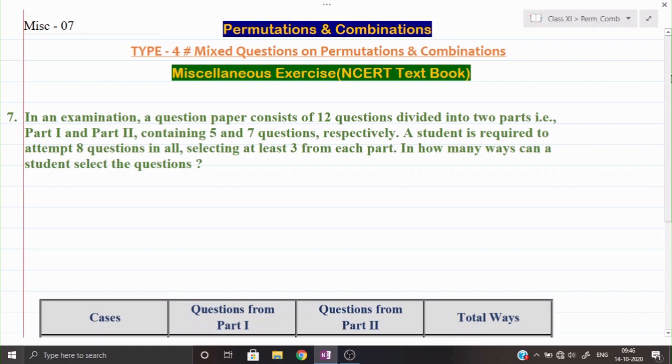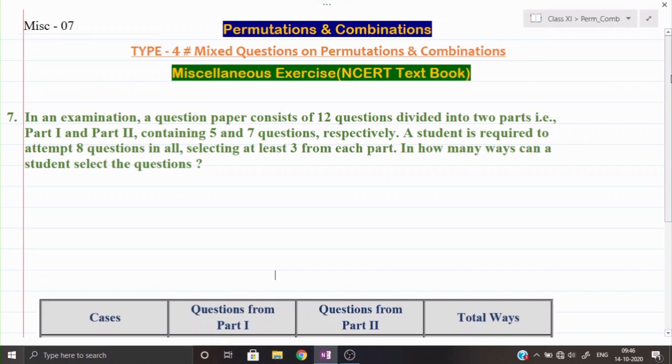A student is required to attempt 8 questions in all, means to complete the question paper he needs to attempt a total of 8 questions. But it is not compulsory that an equal number of questions should be attempted from part 1 and part 2. Some questions he can attempt from part 1 and some from part 2. And when we add the total number of questions, that should come as 8.